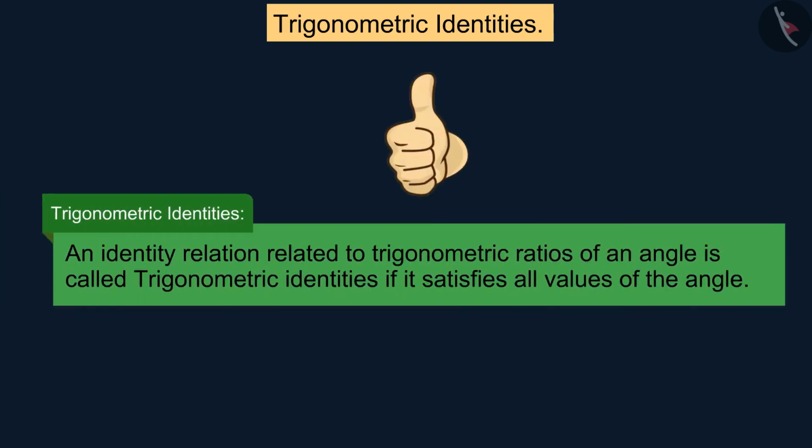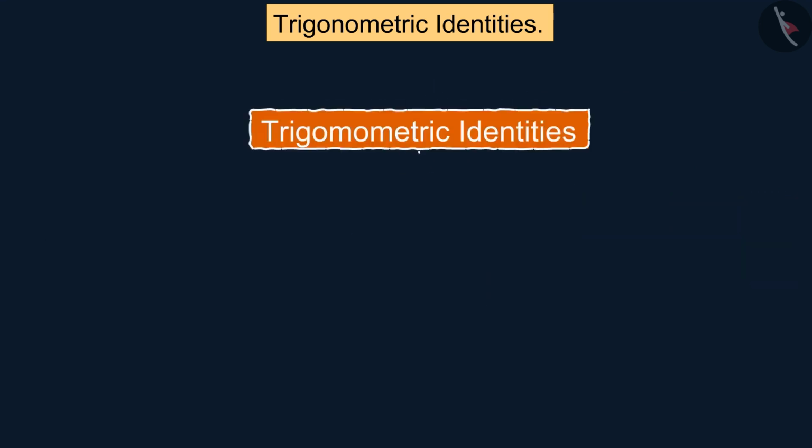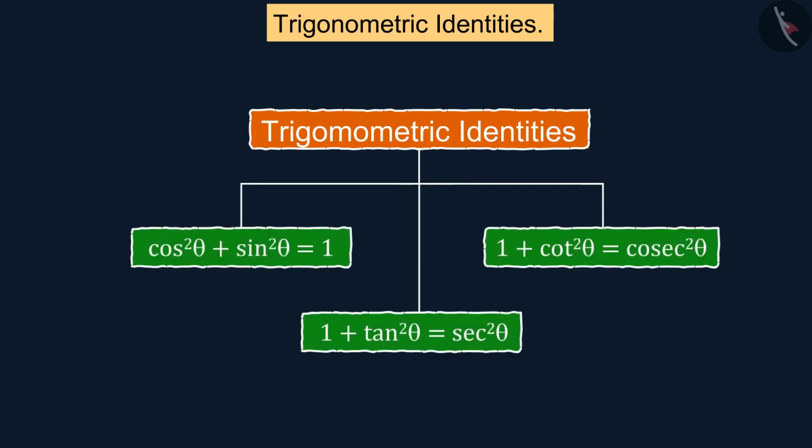Well done! An identity relation related to trigonometric ratios of an angle is called a trigonometric identity if it satisfies all values of the angle. Here, you are given 3 trigonometric identities.